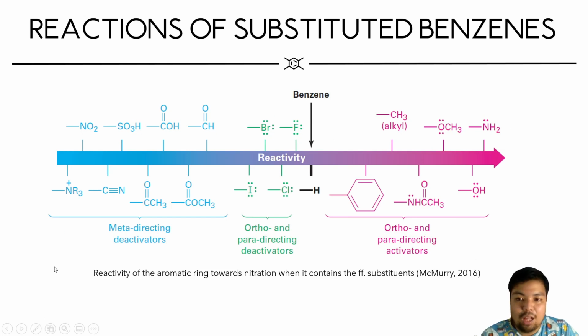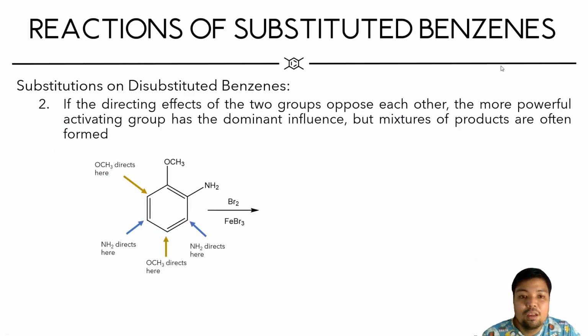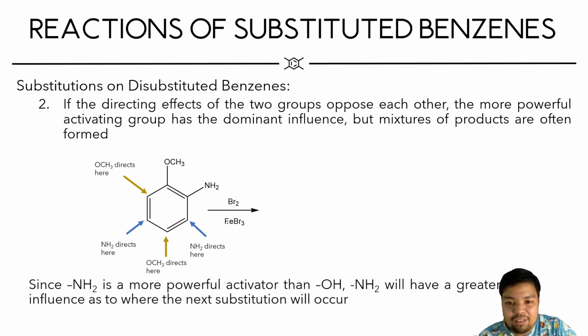Therefore, the amino group is the more powerful activator than the methoxy group. Sorry, this is supposed to be methoxy group, so OCH3. Please disregard that. So it is a more powerful activator than the OCH3 group.